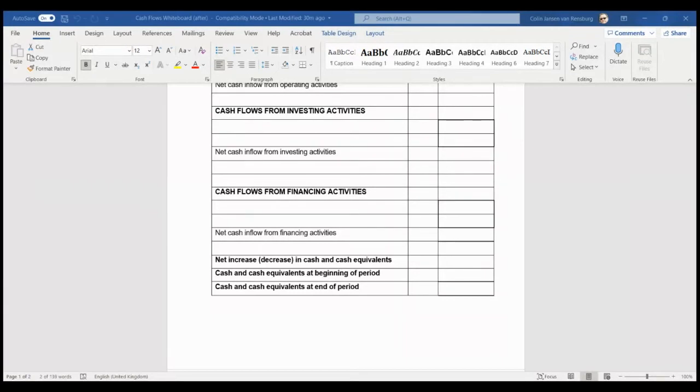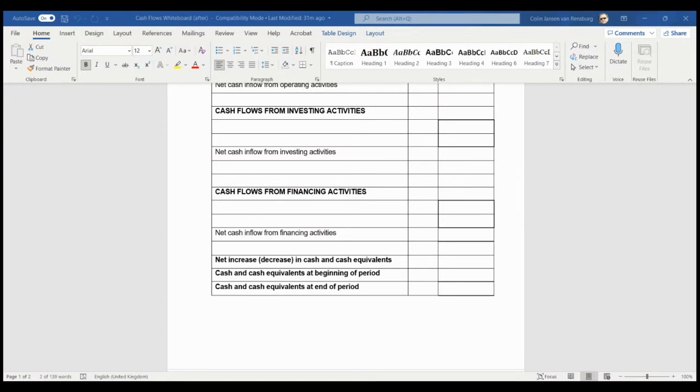So if you are presenting this statement of cash flows and there's an outflow of cash, are you going to show it as a positive or a negative? A negative. Thank you, ladies and gentlemen. And that is extremely important to do correctly, not only from a test point of view.